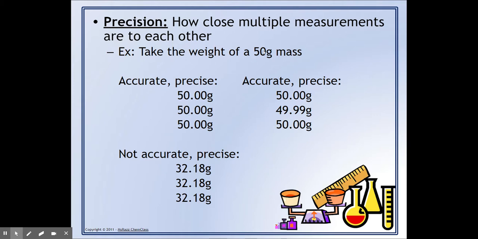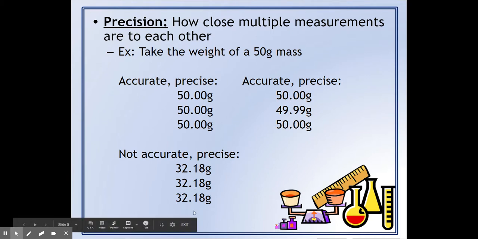So it's accurate because it's close to 50. It's precise because they're all clustered together. The second group to the right is both accurate and precise. We're close again to 50 grams, and all three measurements are really close together.